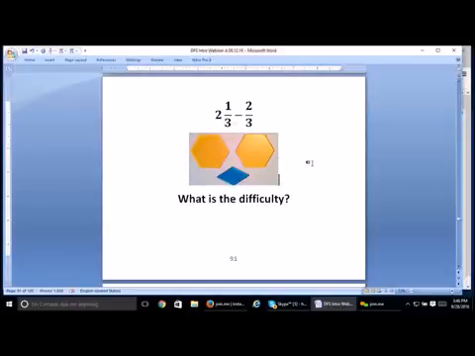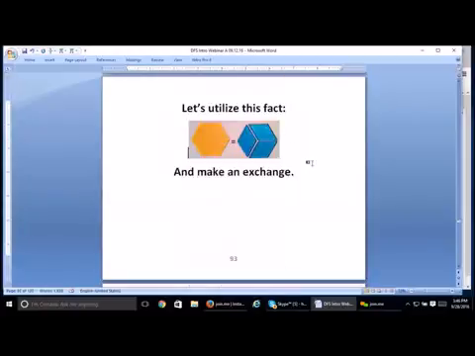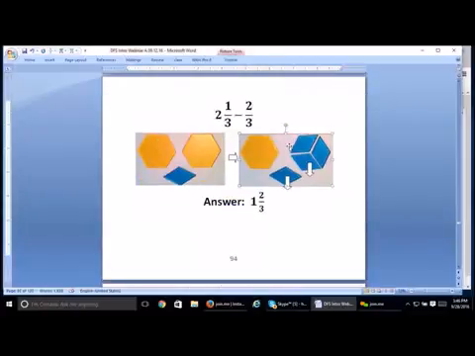So there are a number of approaches that students will use. The approach that we will be discussing is the approach whereby we exchange a yellow block for 3 blue blocks. In other words, 2 1/3 can be expressed this way. And now you can subtract 2/3 and you get the answer of 1 2/3.